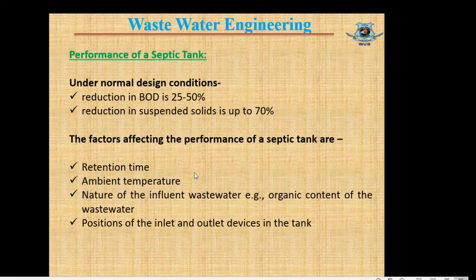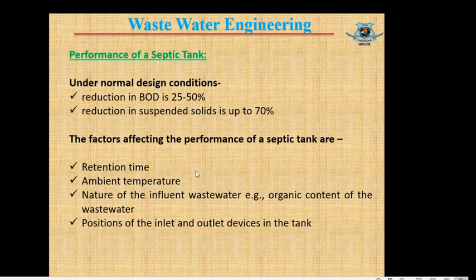The factors affecting the performance of a septic tank. These are the factors that affect the performance of a septic tank. First one is retention time. The more time is given for retention of suspended materials, the more will be the efficiency of the tank. Ambient temperature. Temperature plays a vital role for digestion of suspended solids.